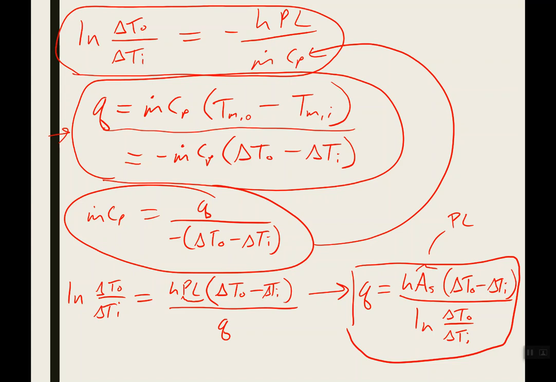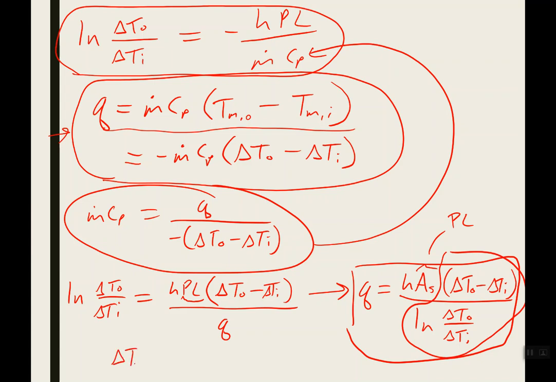HA delta T. Okay, so it kind of looks like Newton's law of cooling, and in fact, this is just a modification of Newton's law of cooling for when you have your fluid changing in temperature as it goes down the length of your system. So we're going to take this part and define that as the log mean temperature difference.